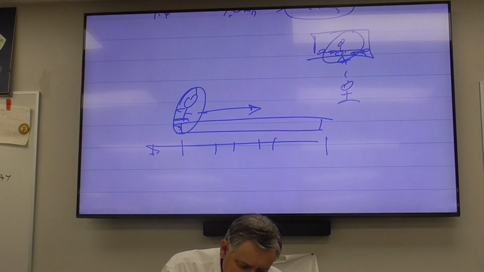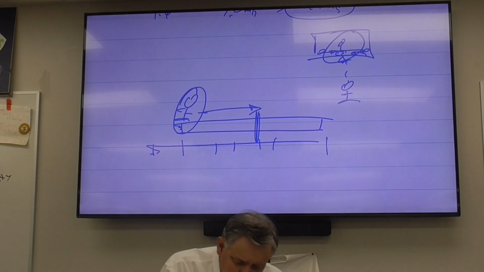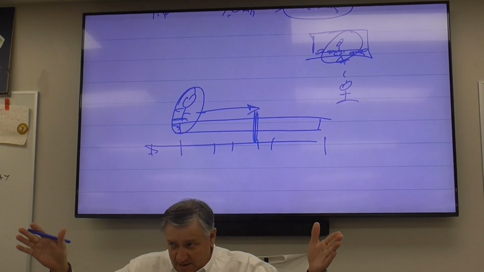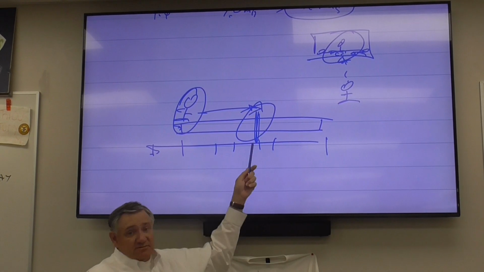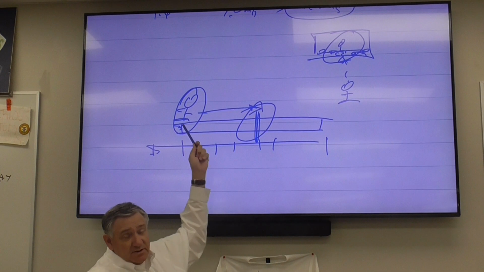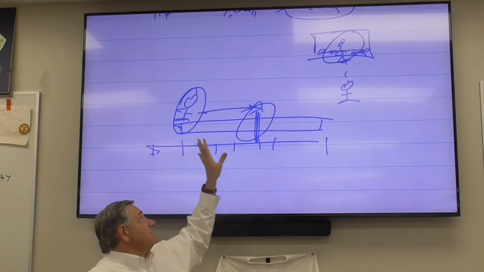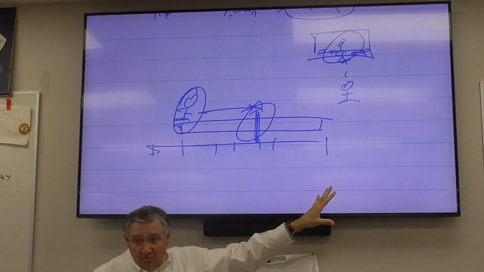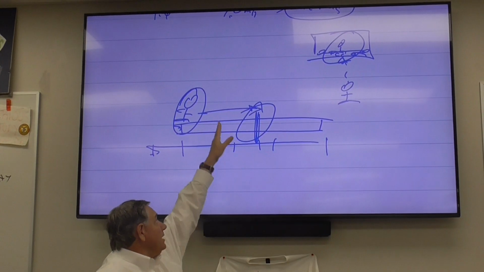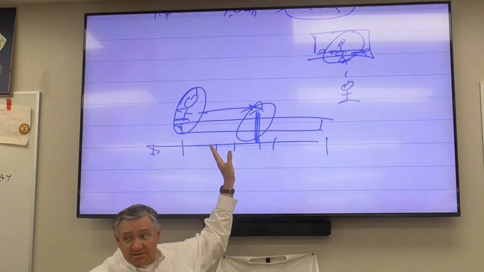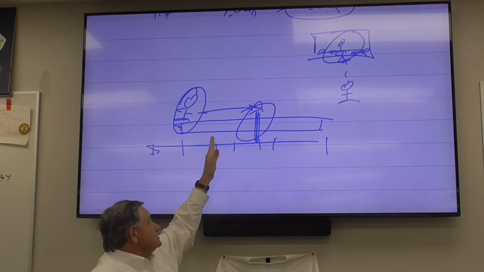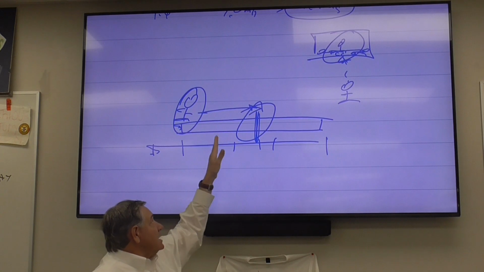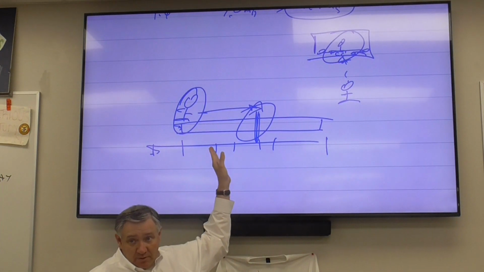If the person's out here and the raft that they're walking on is here, obviously the center of mass of the raft is right here. The person's out here. So where's the center of mass before the person starts to walk? About here. So here's the center of mass. Barring any external forces, the center of mass is going to remain at this point.